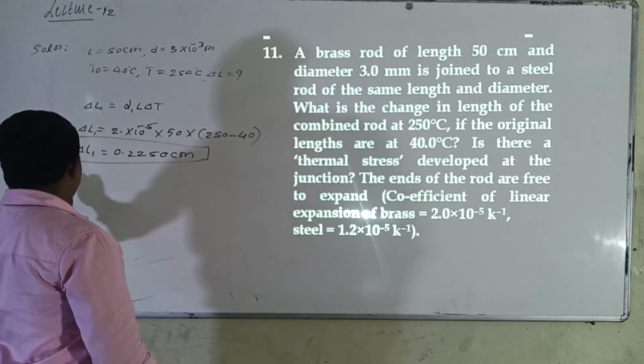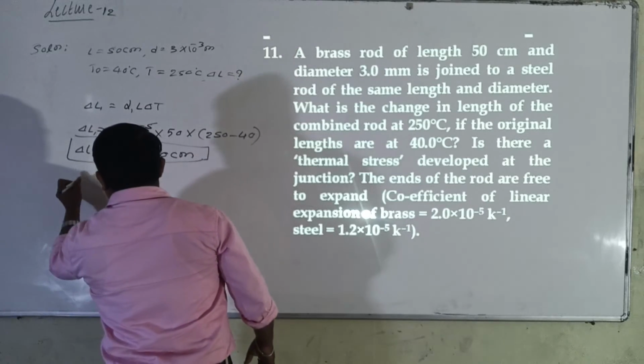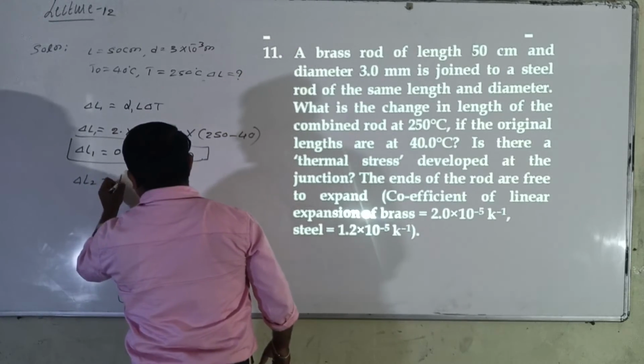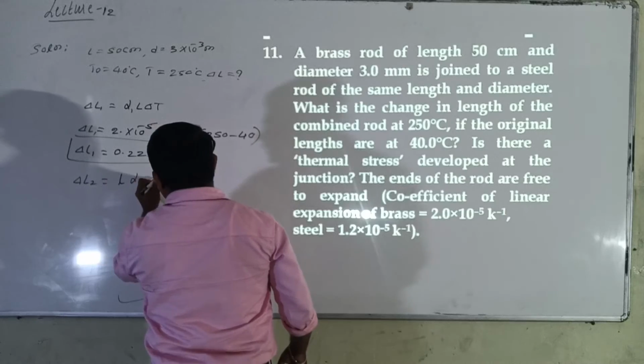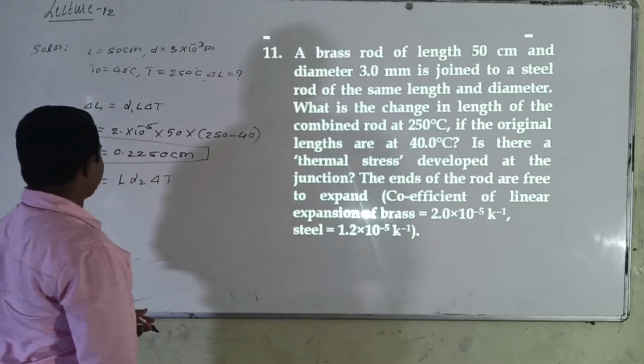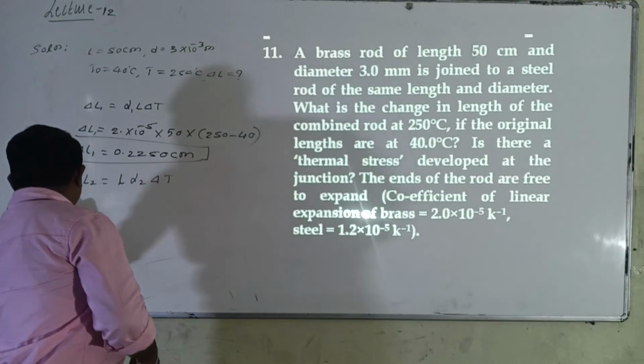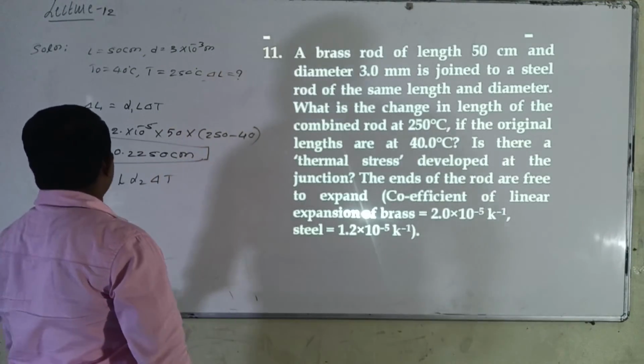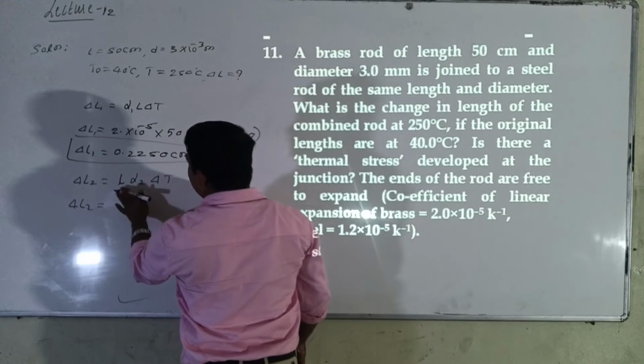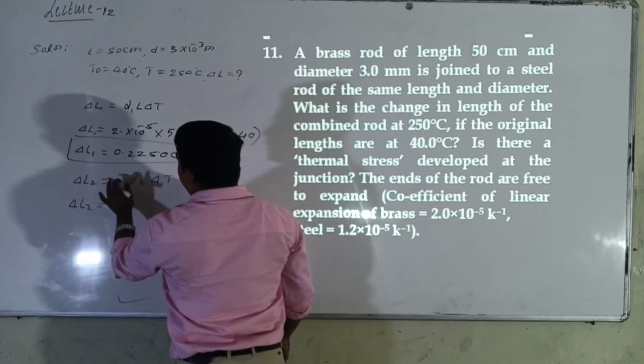From this equation, again write: delta L2 is equal to L into alpha 2 into delta T. L is the original length, I will call it capital L only.